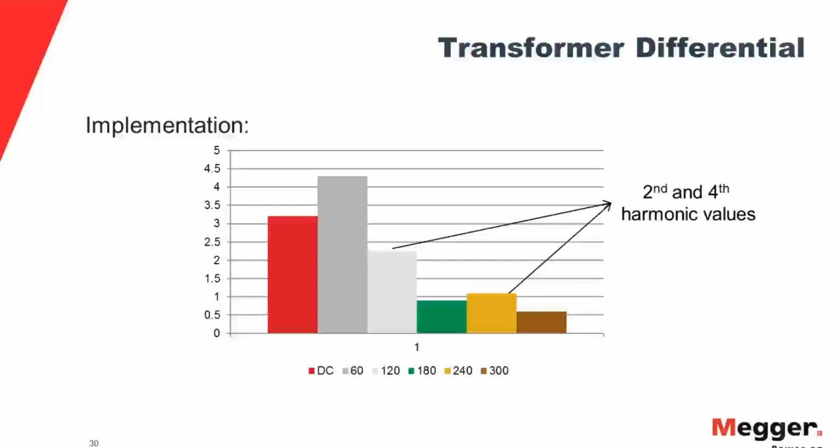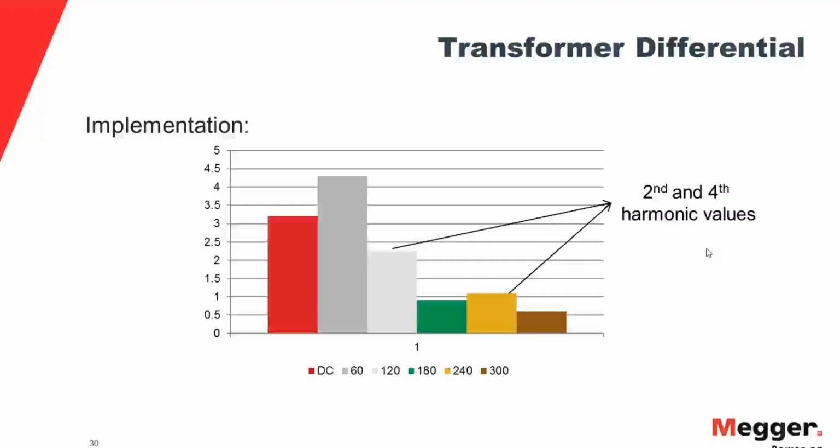But the relay is also seeing the second harmonic or the fourth harmonic or both. So it will say, okay, now I'm seeing the second harmonic and also the fundamental being high. This means that it is an inrush condition. For an inrush condition, as I told you before, it is only for a short duration. It is not for a very long period of time. So you would let that pass through by blocking the operation of the relay.